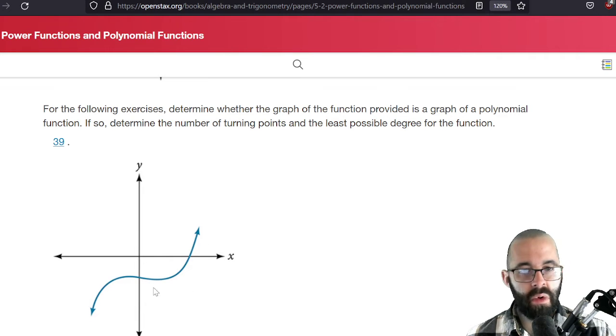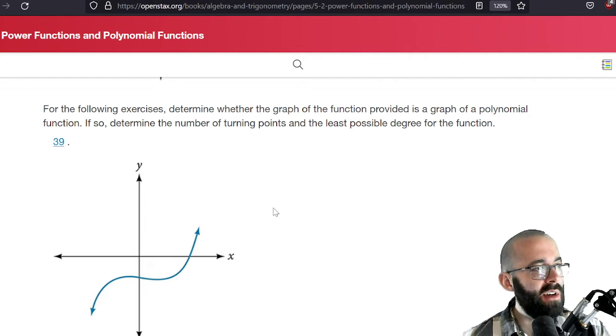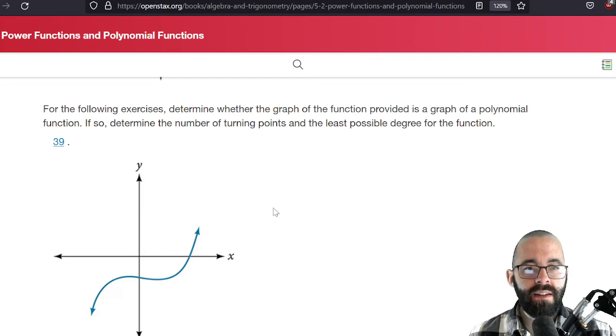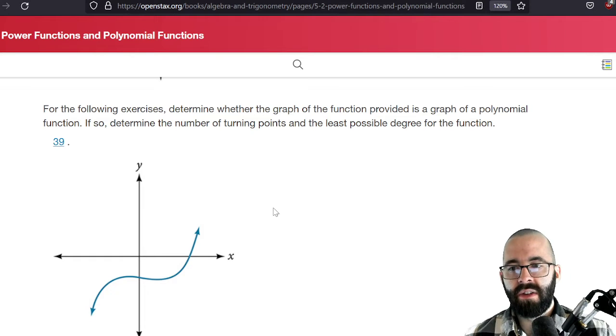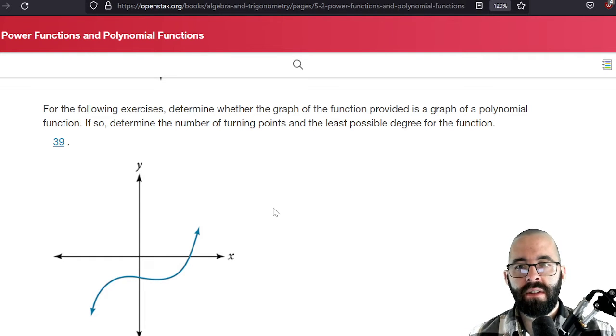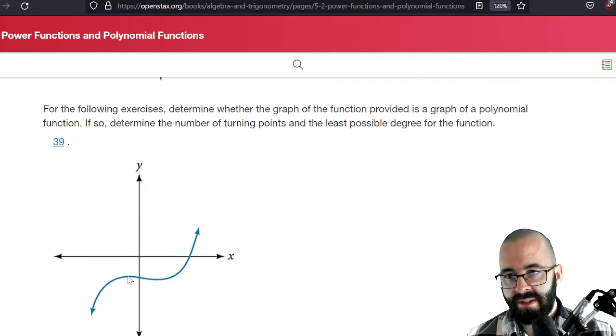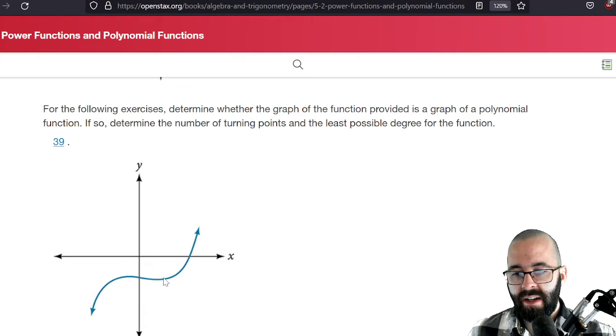It's got some turning points in the middle. Nothing weird is happening. No asymptotes or anything like that. It kind of looks like an odd degree polynomial. How many turning points are there? Well, it's kind of flat, but there's a little turning point here and a little turning point here. So for number 39 in the book, there are 2 turning points.